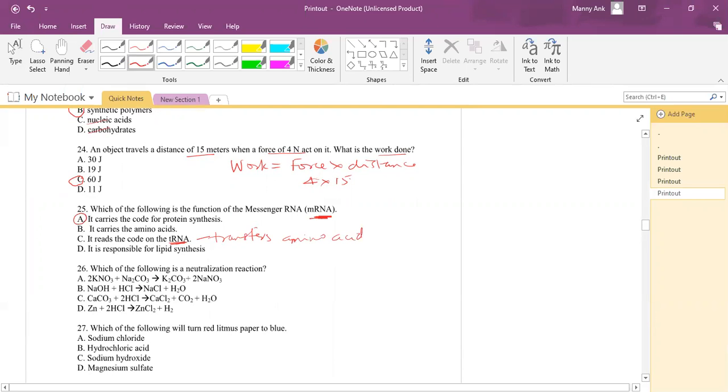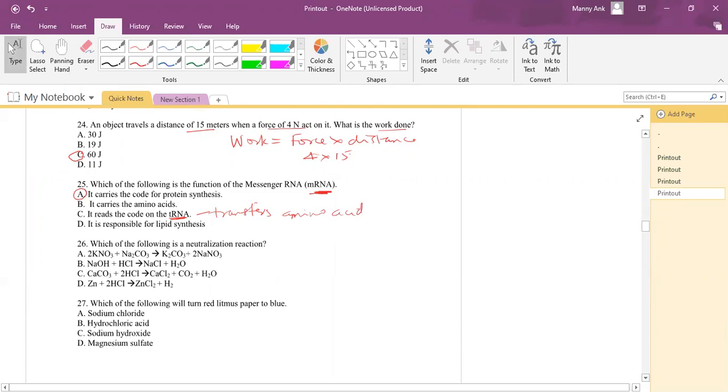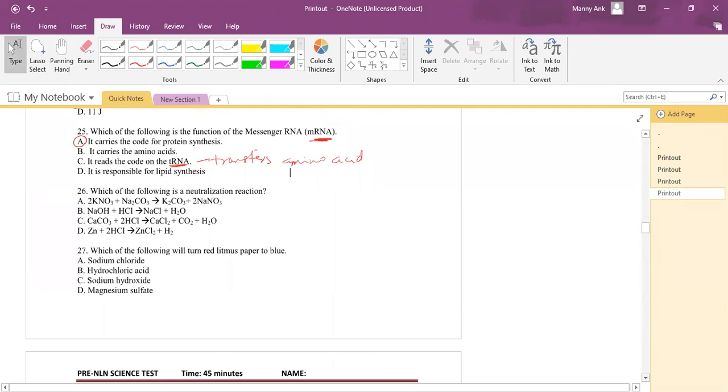26. Which of the following is a neutralization reaction? What's a neutralization reaction? Neutralization is acid plus base to give you a salt and water. That's neutralization.